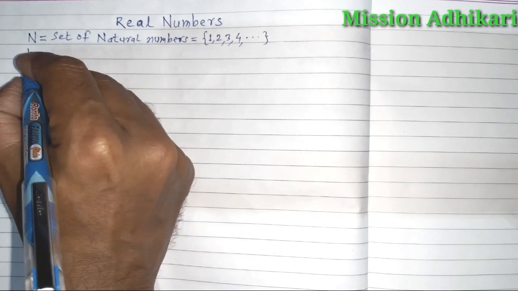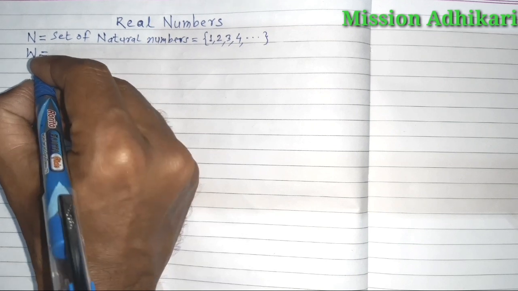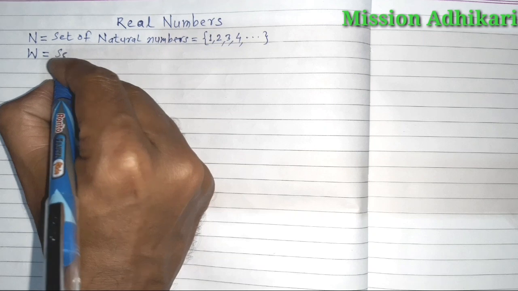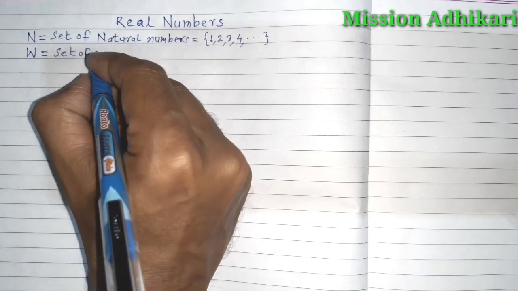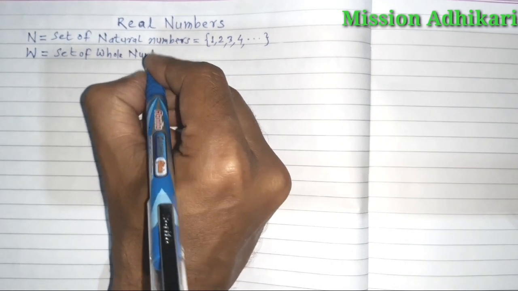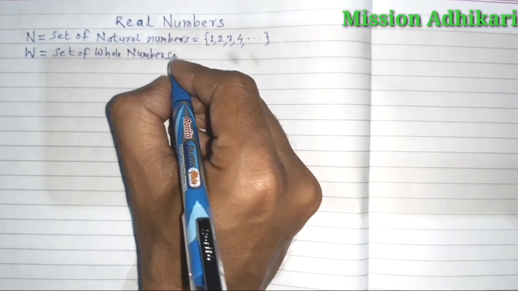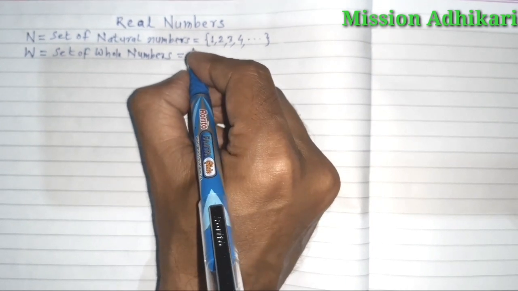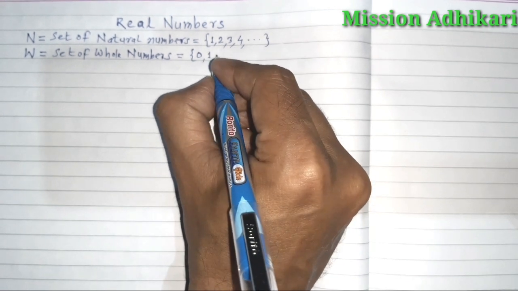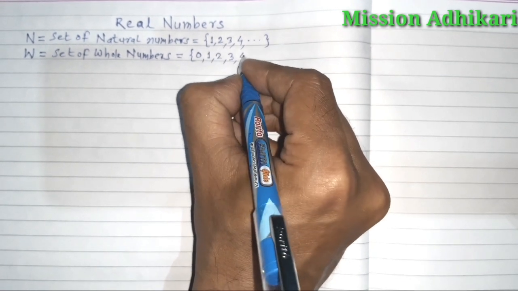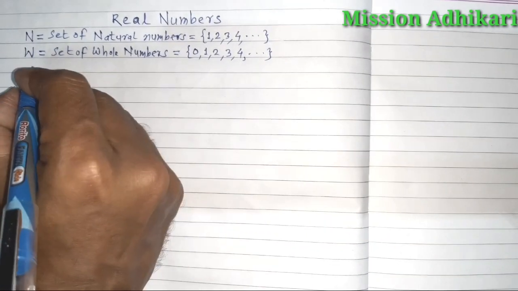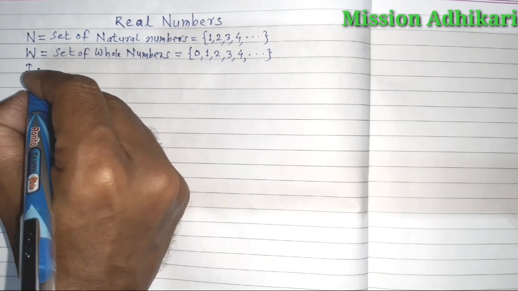Next is the set of whole numbers. We use the capital letter W for the set of whole numbers. We write in curly brackets starting from 0: 0, 1, 2, 3, 4 and so on. Next is the set of integers.